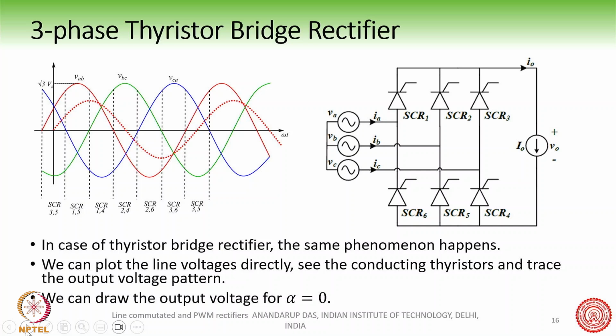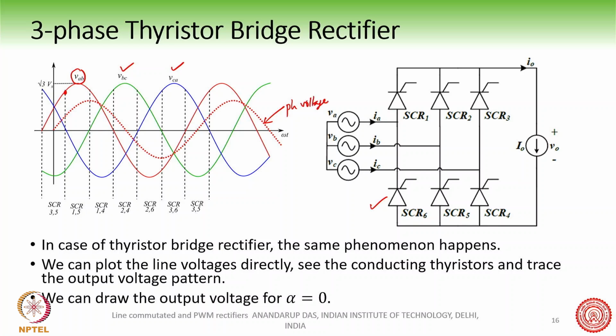Here the diodes will get replaced by SCRs, and we can find out the output voltage. Here also we have to be careful in understanding where the alpha equal to 0 point is. Note carefully that here we are plotting line voltages, and this dotted one is the phase voltage.